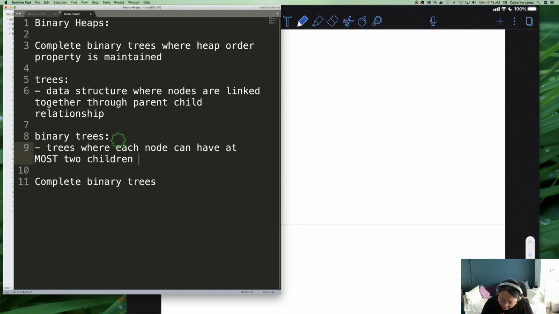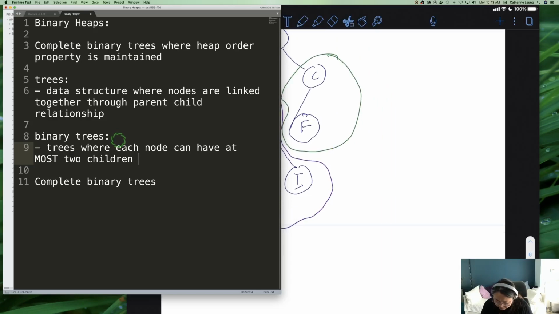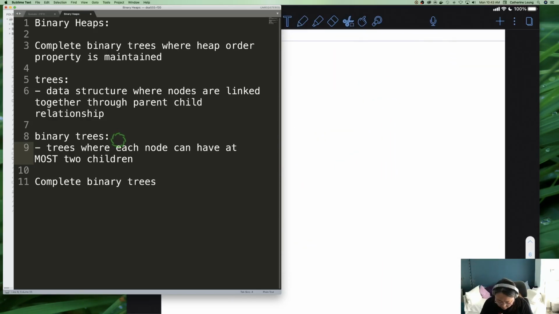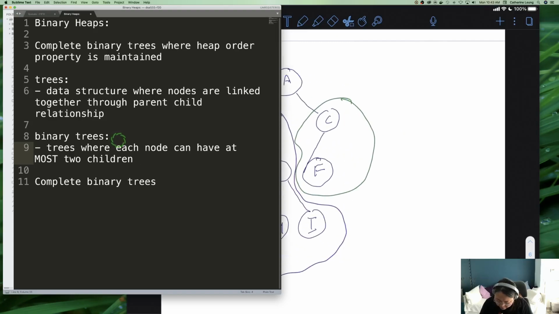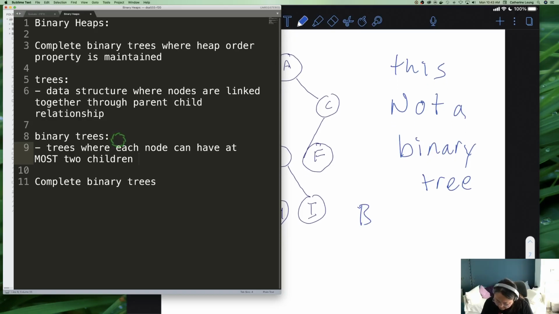So if we look back at our tree, the drawing that we've been looking at, let's paste it here. So if we look at this tree, this is not a binary tree. Why is that? Well, because E has 3 children.